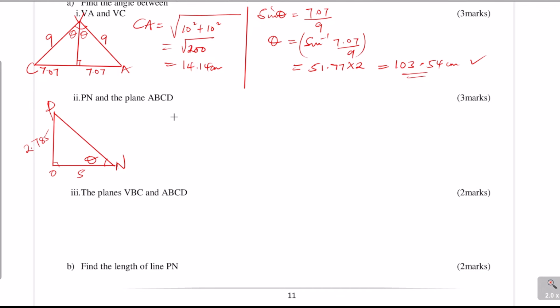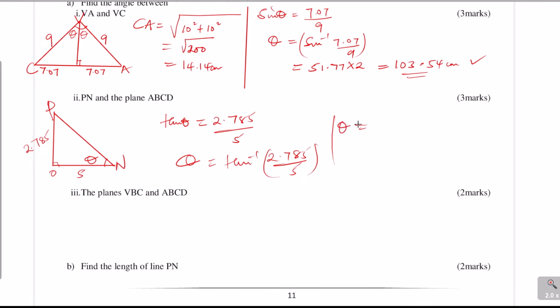We use tangent. So tan of angle theta is equal to opposite 2.785 divided by the adjacent. So theta will be given by the tan inverse of 2.785 divided by 5.